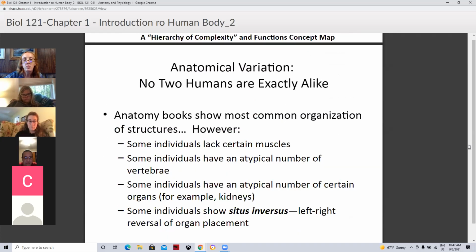One thing we find when we start studying body structures is that there's some anatomical variation. No two humans are exactly alike. Anatomy books show the most common organization of structures. However, some people lack certain muscles. Some people may have an atypical number of vertebrae. Most people have 7 vertebrae, but some people may have 6.